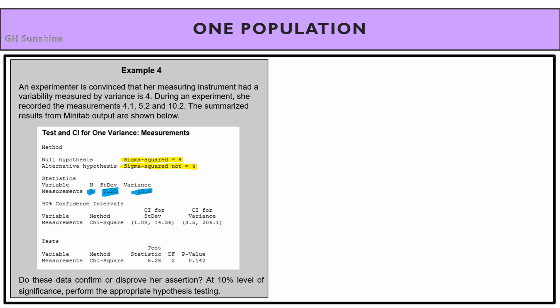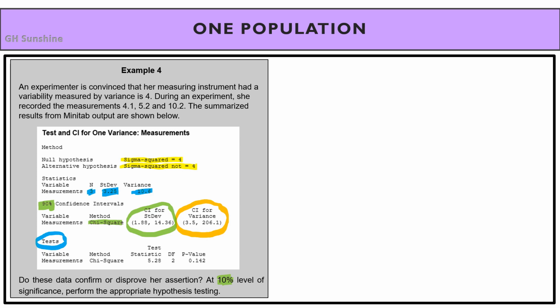Using a 90% confidence interval, 90% means 10% level of significance. Using chi-square, the confidence interval for standard deviation is between 1.88 and 14.36. Meanwhile, the confidence interval for variance is between 3.5 and 206.1.